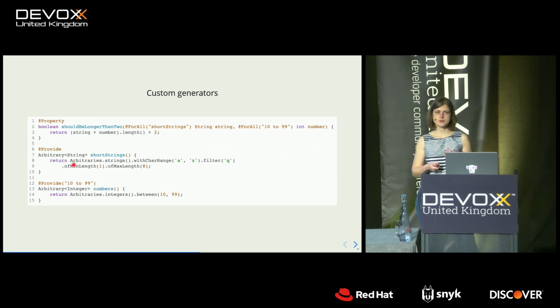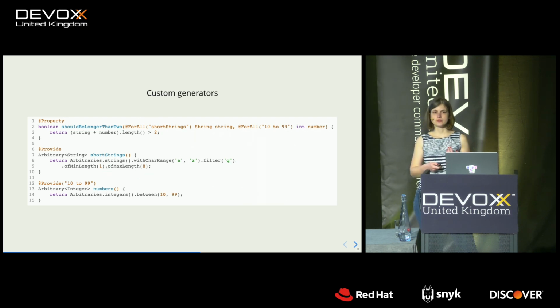What you start with is what you have built in the library, this Arbitraries class, which has in jQuery a lot of static methods that you can call. So here, this is all jQuery stuff. You just provide strings, but then you limit it with the specified char range, and then maybe you want to filter out something and have the minimum and maximum length.